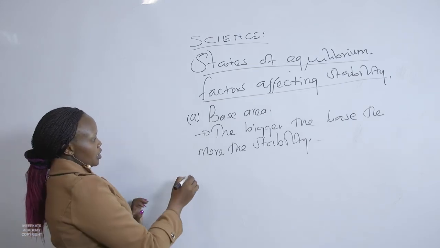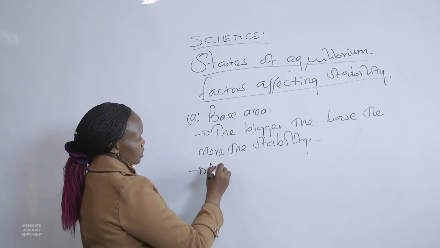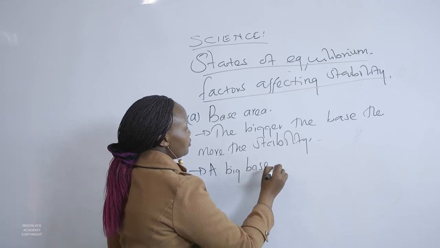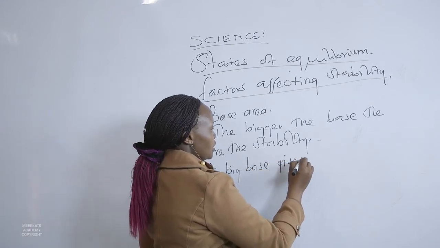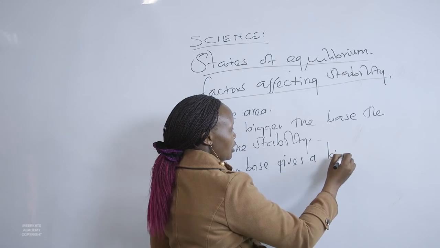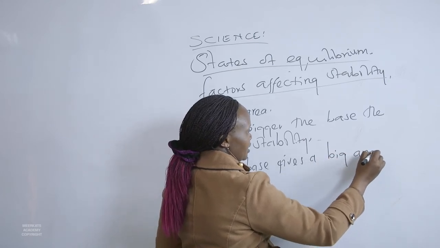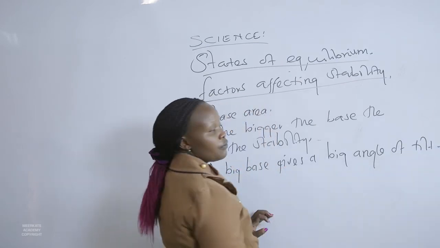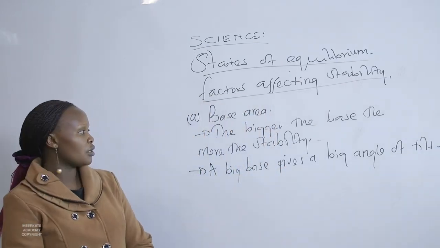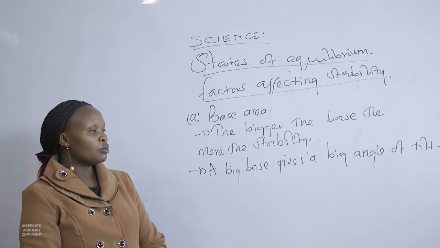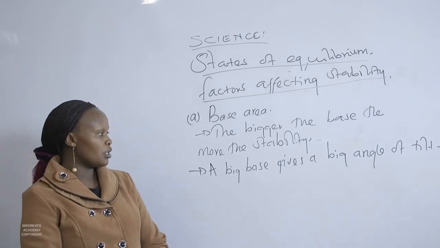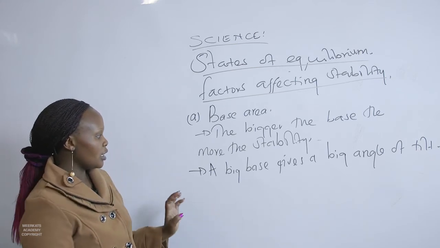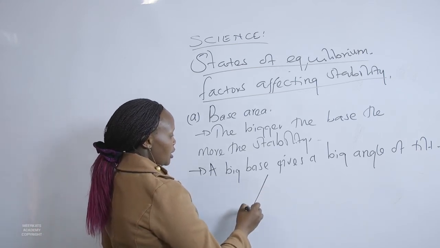What happens is that a big base gives a big angle of tilt. For you to alter the position of the center of gravity, you will have to turn your object through a very big angle because the area is big at the base.